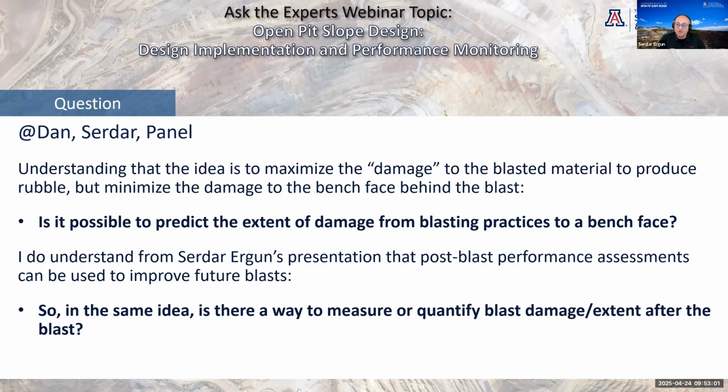If we see damage on the slope walls caused by the blast, then we try to adjust the blasting inputs for the next bench blast and monitor it according to the seismic data that we observed from the previous one. But there's a lot of components coming into that, like your structural variability or your rock mass properties, etc. But yeah, we use it to optimize the next bench blast based on the information we obtained from the previous one.